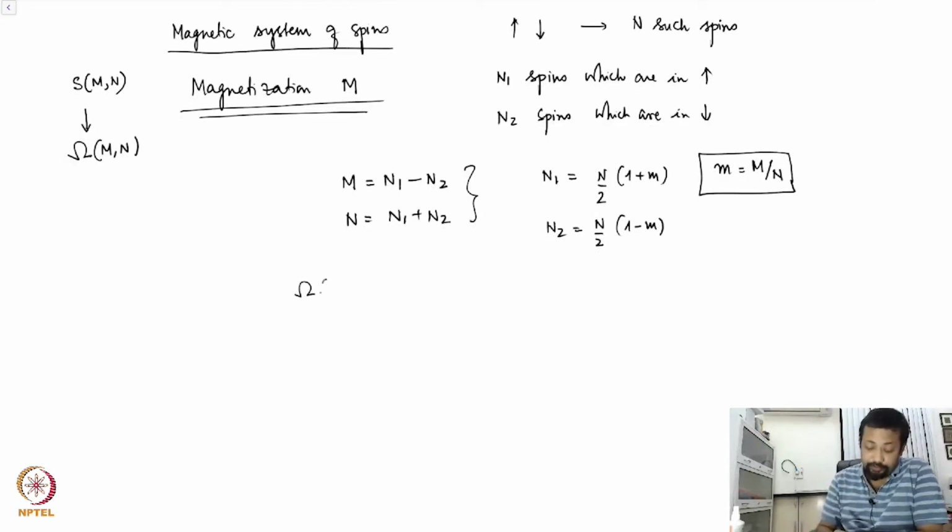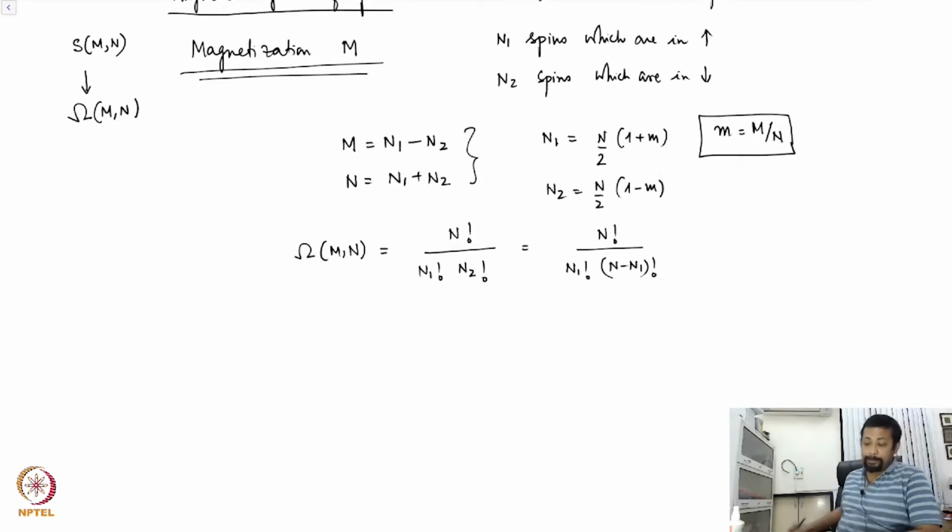If I want to find out S as a function of omega, S as a function of m comma n, I calculate the total number of microstates, and that number of microstates is given by n factorial over n1 factorial times n2 factorial, right? Which would mean that this is going to be n factorial over n1 factorial times n minus n1 factorial, correct?